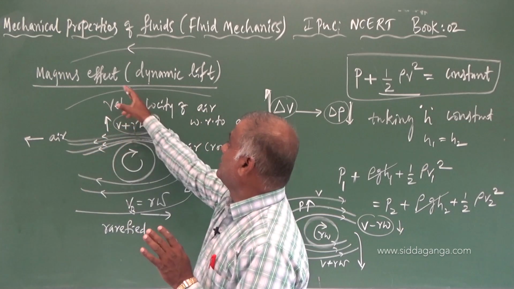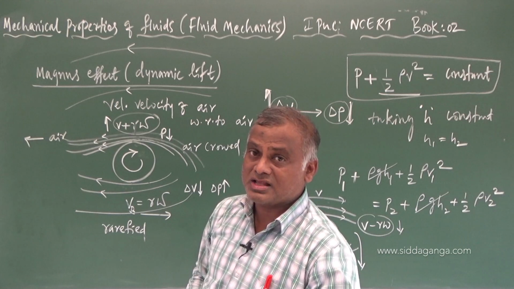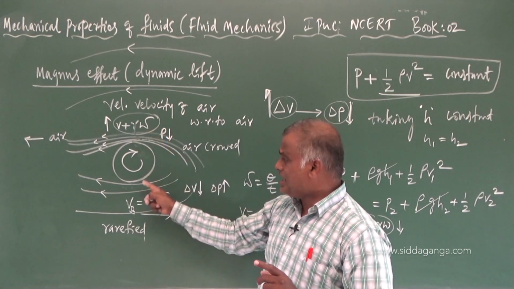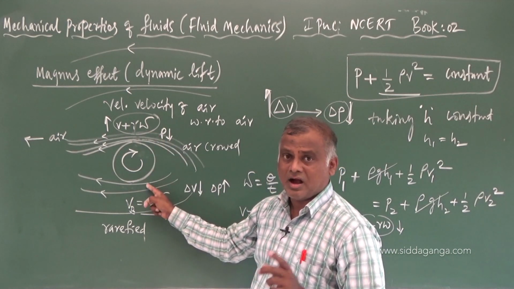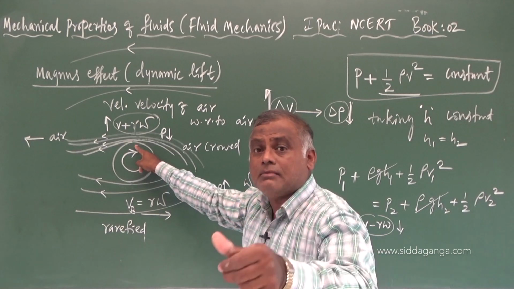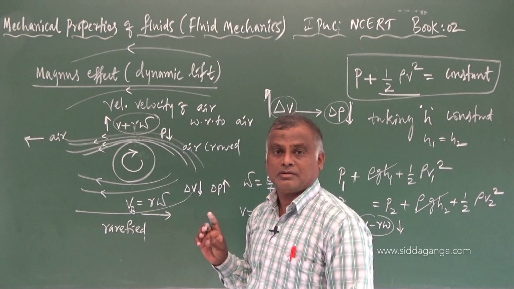So with this, the Magnus effect can be understood with the help of Bernoulli's theorem. Once again I repeat, because of change in the velocity of air in contact with the spinning ball, there is a difference in pressure.